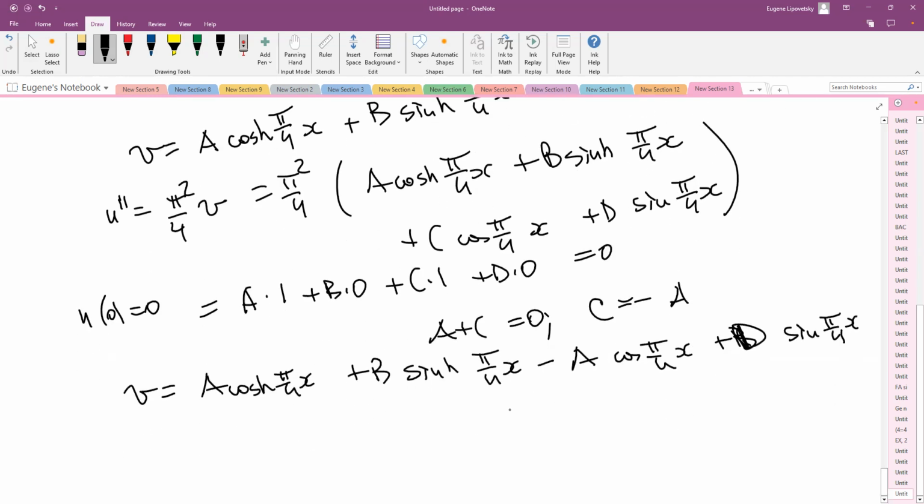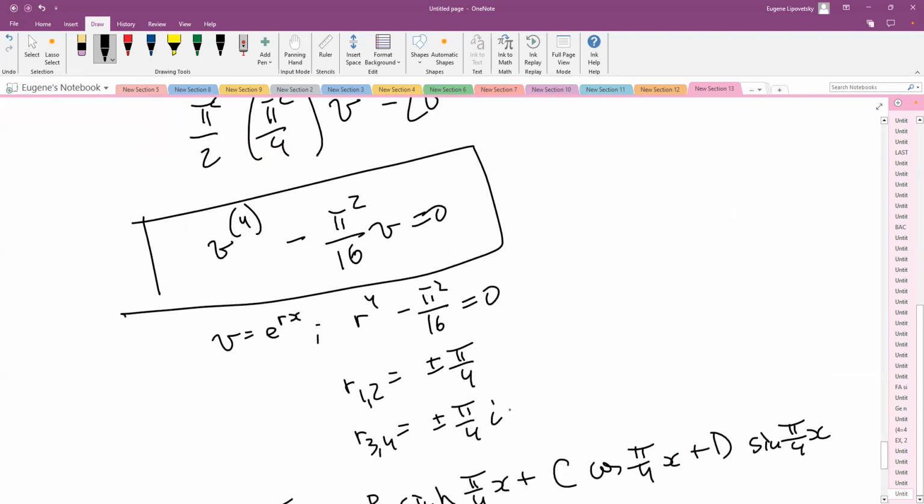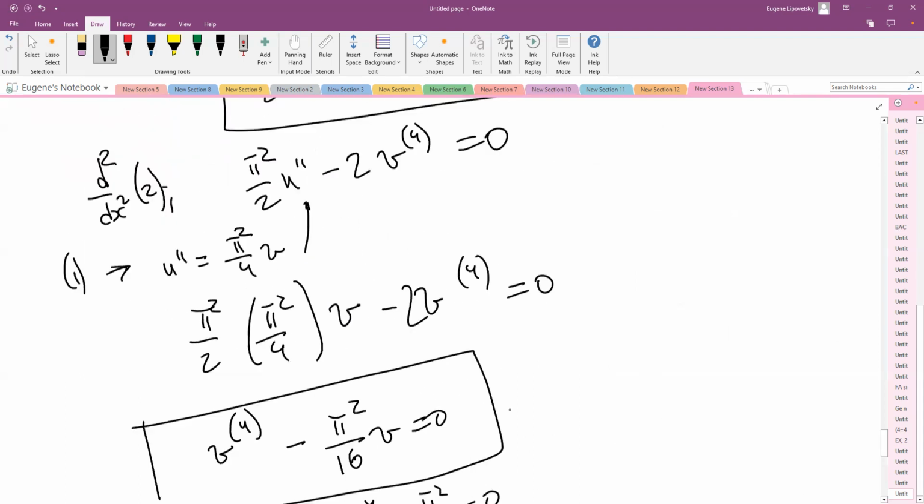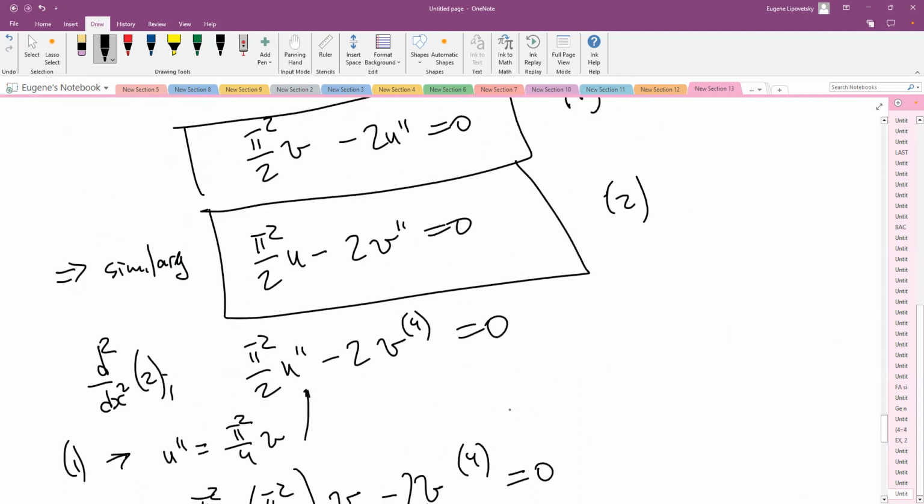And let's see, with u, if we integrate, we'll have two more constants, all right? So that's going to be way too many constants. Is there any way to avoid this? Let's see, we'll look at this system.